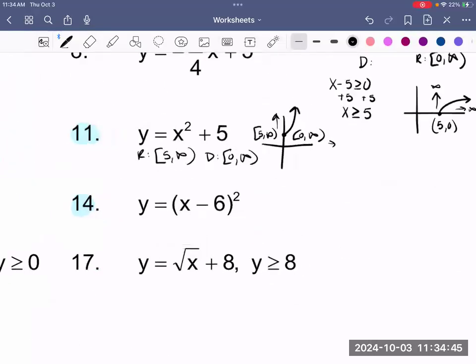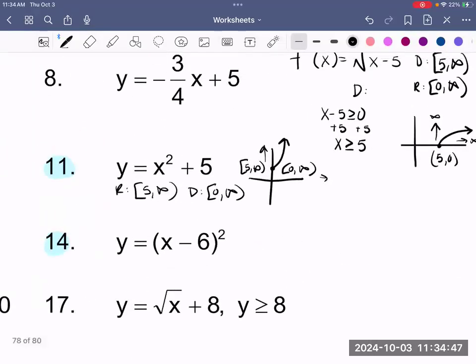Now let's do the same for 14. Again, we're under the implied restriction. You'll see your actual restriction here, right? But we're under the impression that these are going to have some sort of an inverse. So we have x is equal to y minus 6 squared.